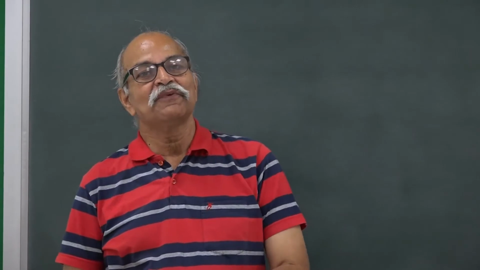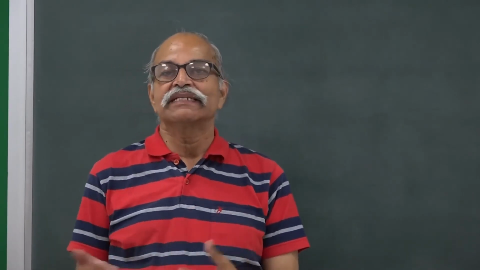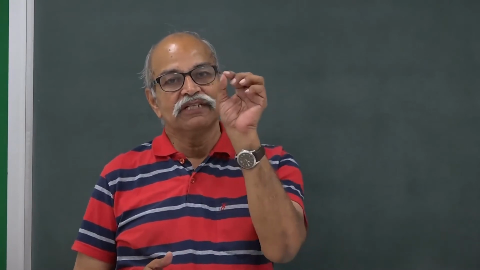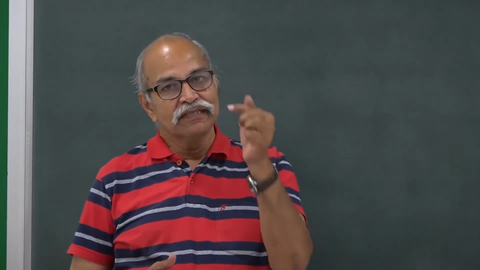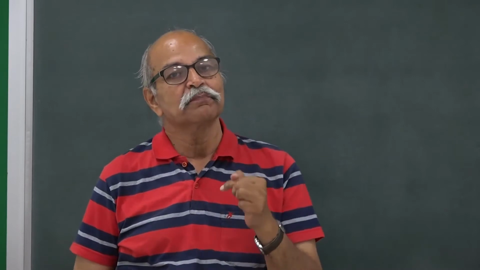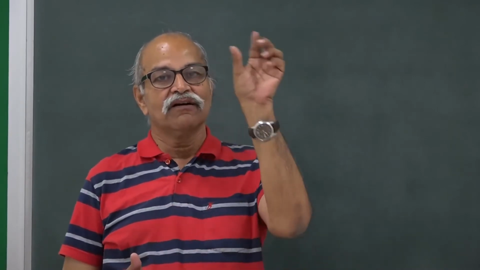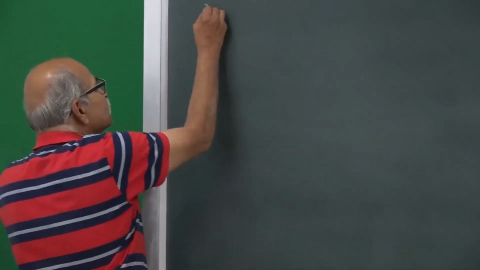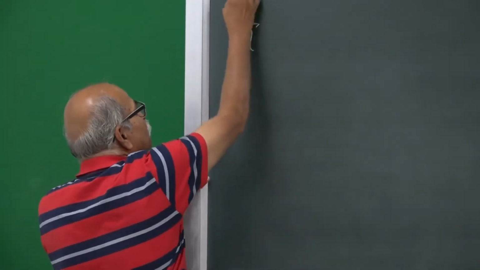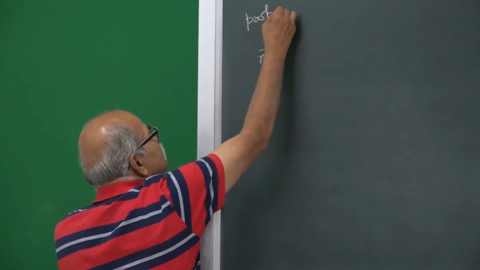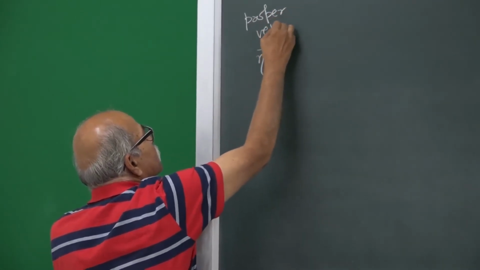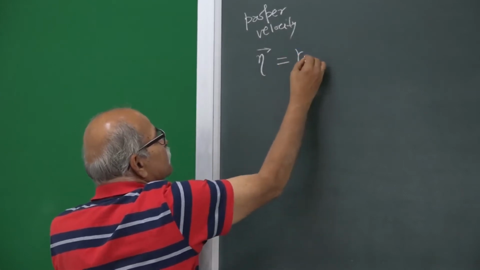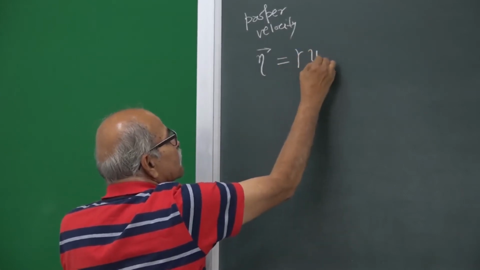So, last time we talked about 4 velocity and 4 momentum. 4 velocity we defined in terms of 3 components of what we called proper velocity, eta, defined as gamma times the ordinary velocity.